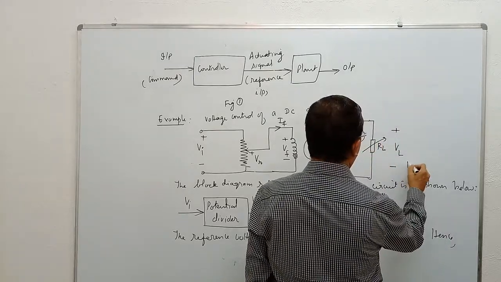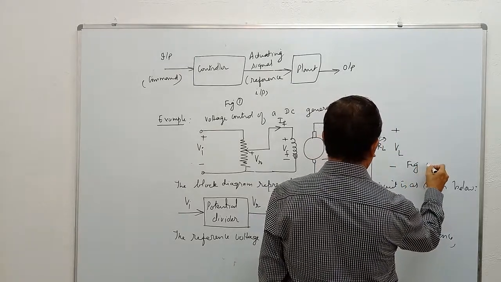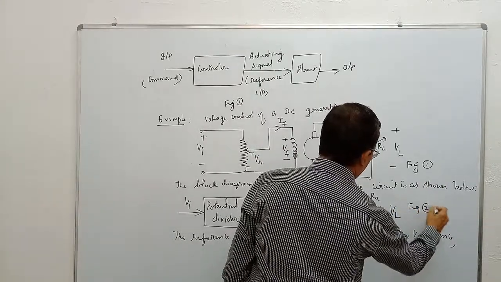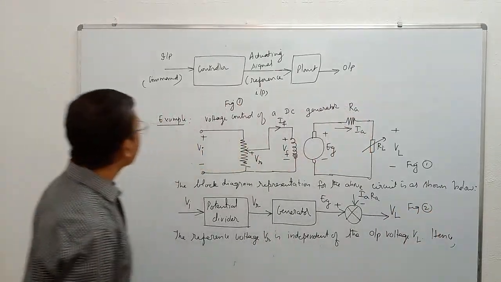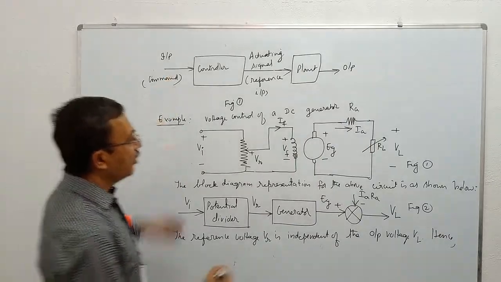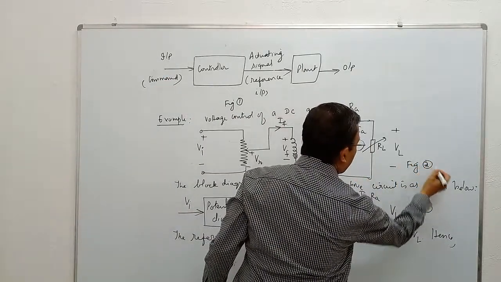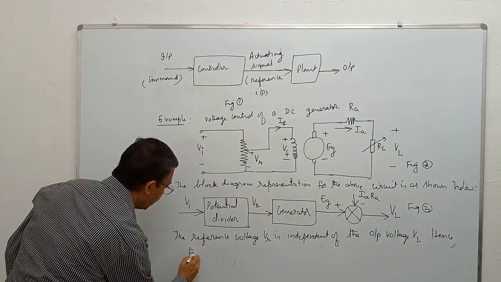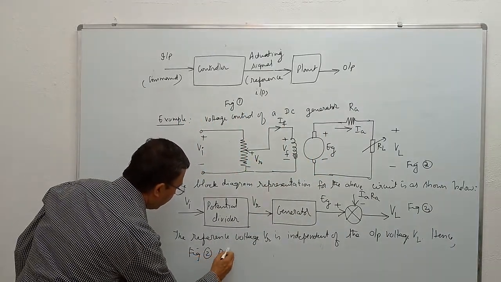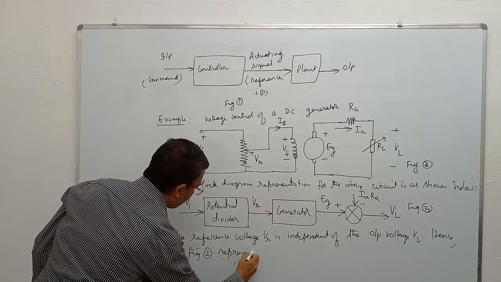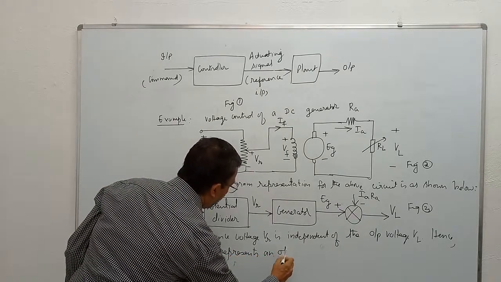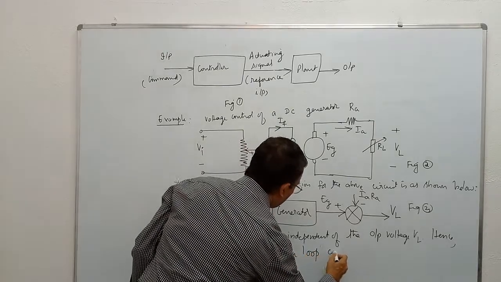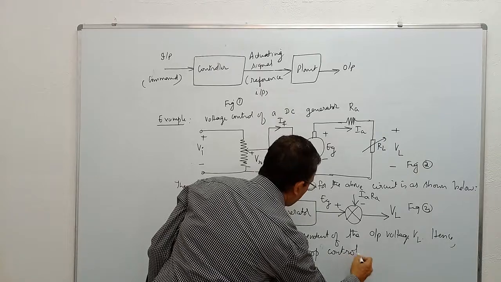Hence this you call figure number 1, this you call figure number 2. Figure 1 I have already written here. This is figure number 3. Hence, figure 2 represents an open loop control system.